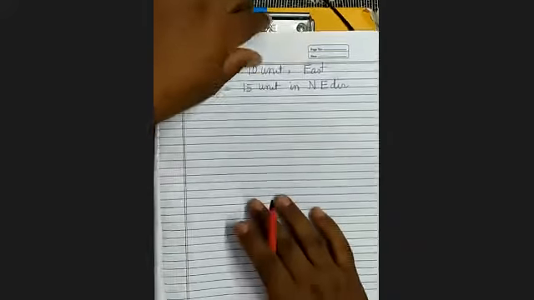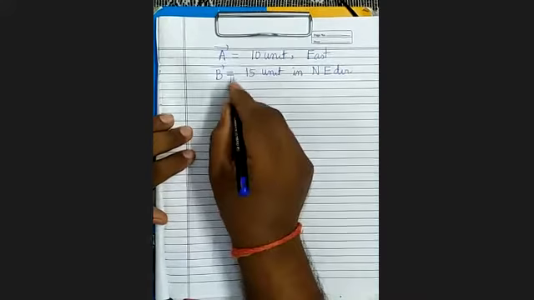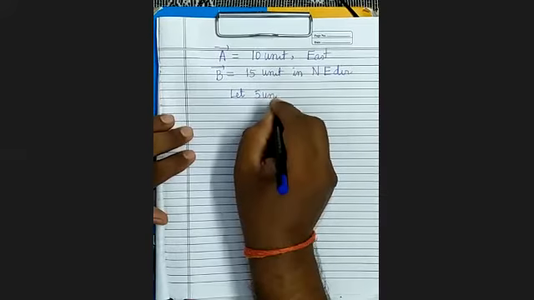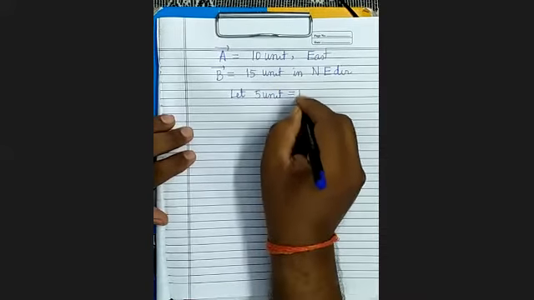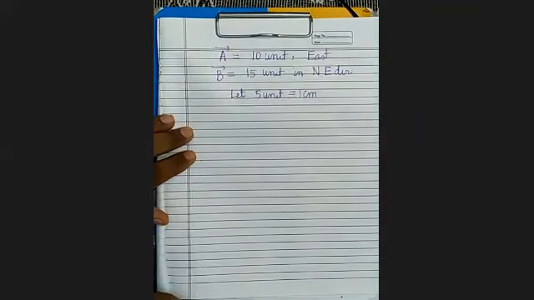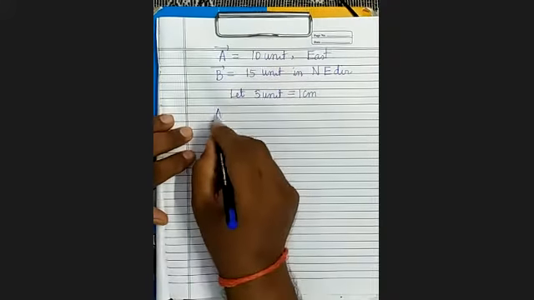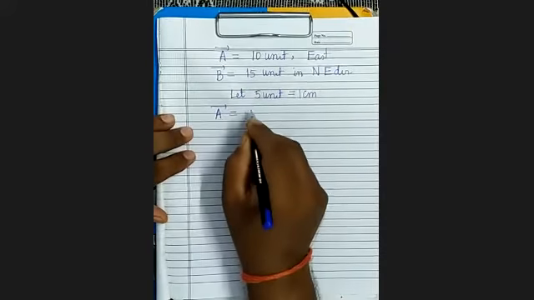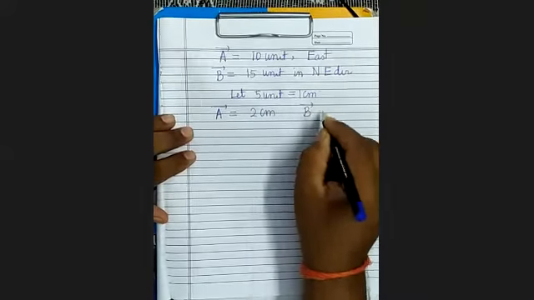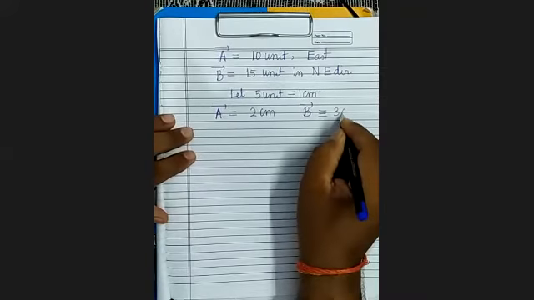So see here, you take, let 5 unit equal 1 centimeter. Therefore, vector A you can represent by 2 centimeter line segment and vector B can be represented by 3 centimeter.